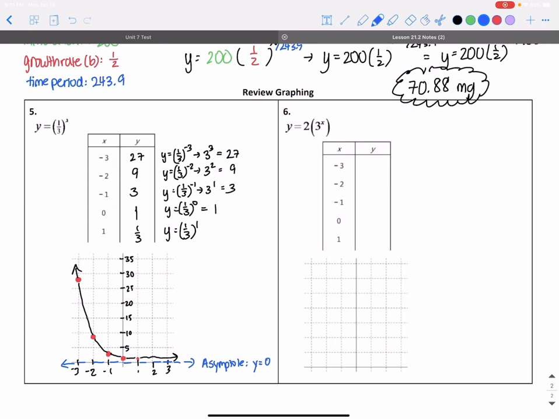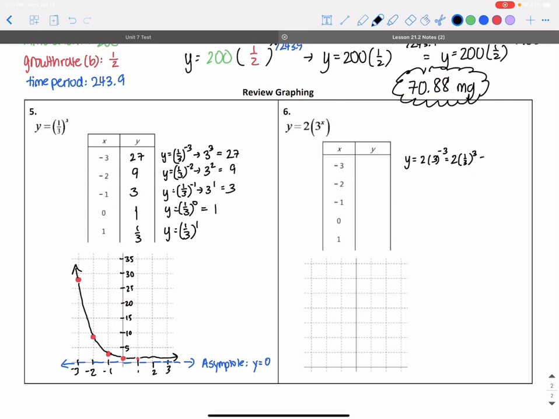And then for number 6, I have y is equal to 2 times 3 to the x power. So I'm plugging in these numbers here. For -3, I'm going to have y is equal to 2 times 3 to the -3rd, which gives me 2 times 1/3 to the +3rd power.